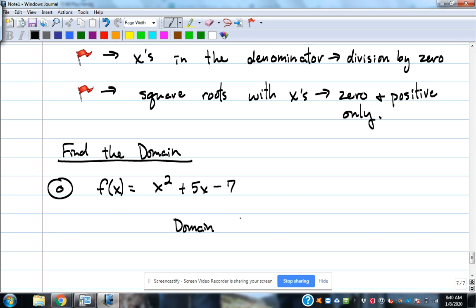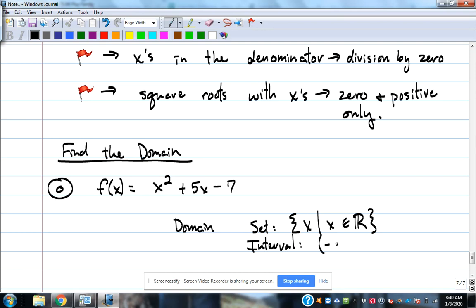of all real numbers. So in set notation, we're going to write that as x is an element of the real numbers. In interval notation, spell interval right. I-N-T-E-R-V-A-L.